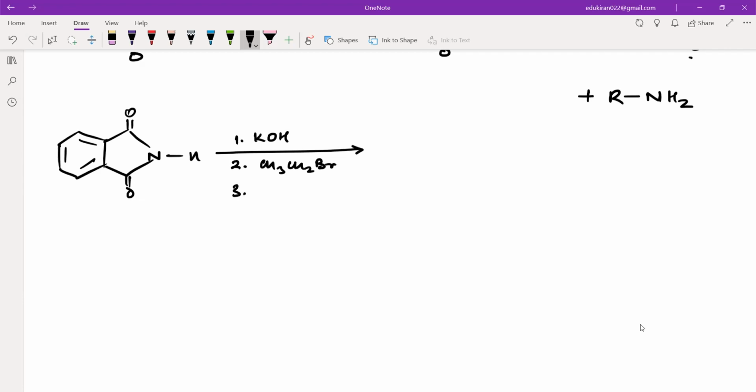And in the third step, I'm going to give you H2O in the presence of H+. So you don't have to do anything. Can all of you identify what is the alkyl halide given in the reaction? What is the alkyl halide, guys? Bromoethane. Yeah, it is bromoethane, two carbons. So you will just make CH3CH2, and rather than Br, you will just write NH2. Okay, this is going to be your product, plus the phthalic acid.